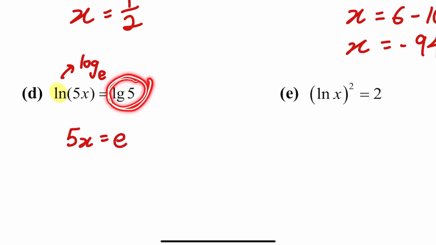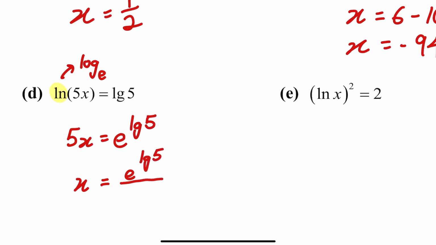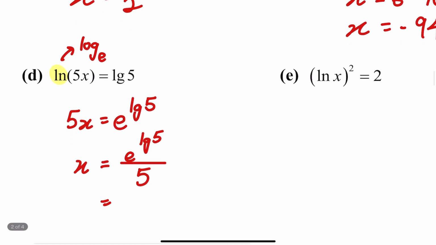Take note that log 5 is just a number. So therefore x is simply equal to e power log 5, the whole thing divided by 5. Press in your calculator, round off to 3SF, you should get 0.402. Okay, this is for part D.